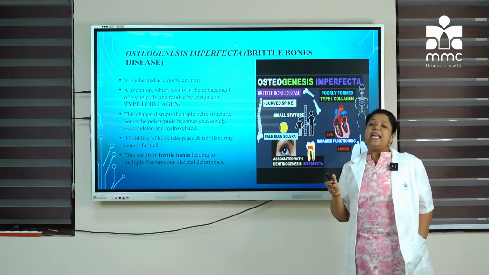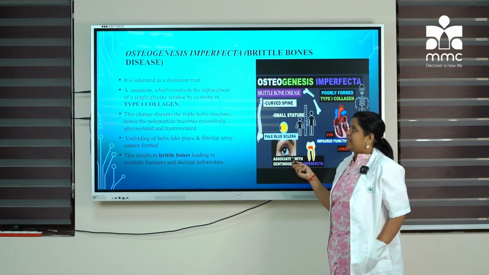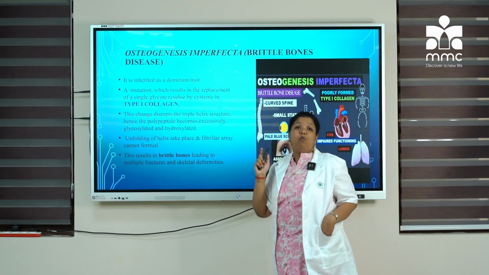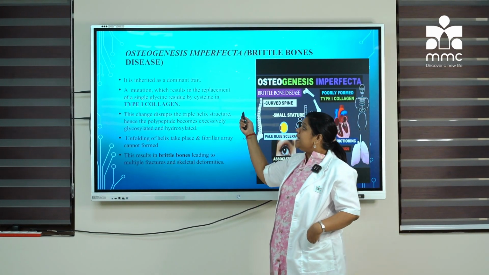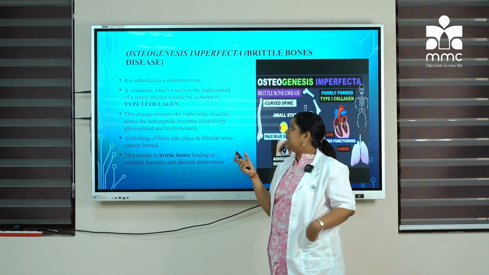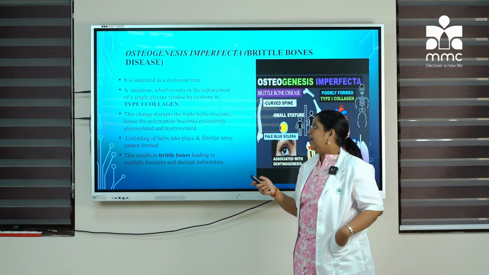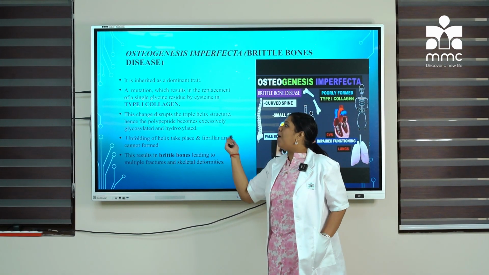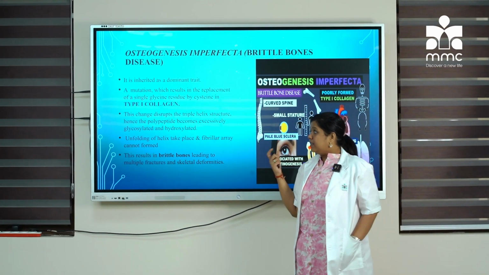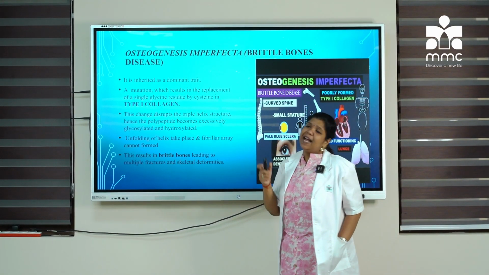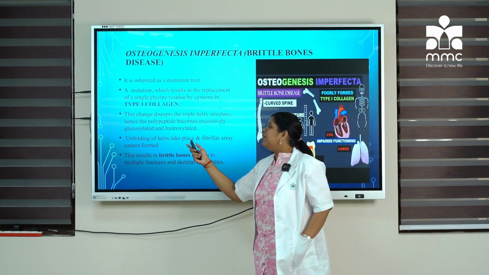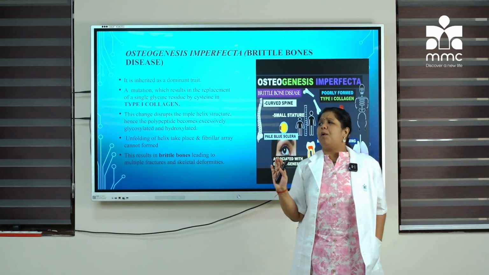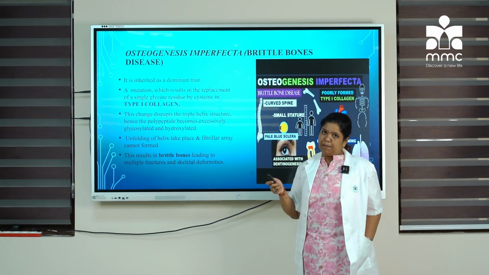It is an inherited dominant trait, that is, a mutation occurs in the type 1 collagen, which results in replacement of a single glycine residue by cysteine. These changes disrupt the triple helix structure, hence the polypeptide becomes excessively glycosylated and hydroxylated, then unfolding of the helix takes place and the fibrillar array cannot be formed, and this results in brittle bone.